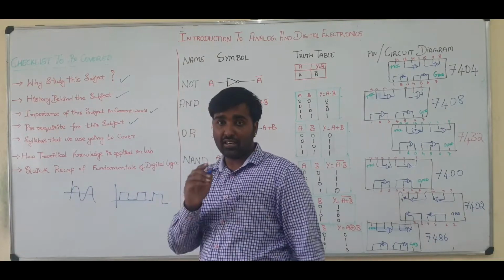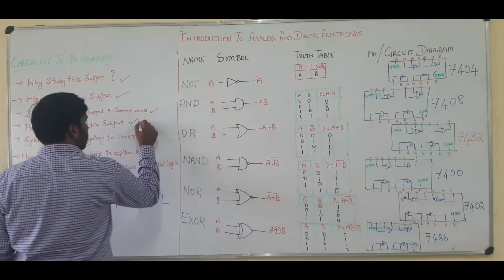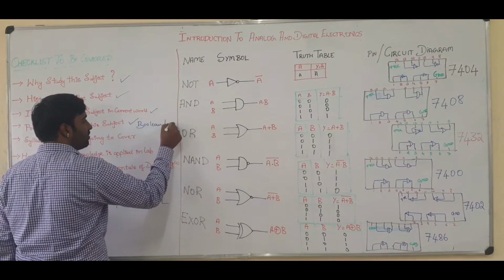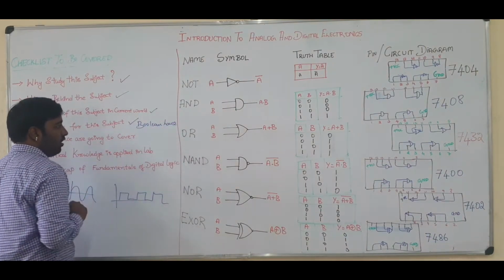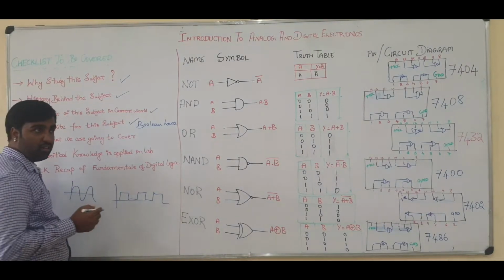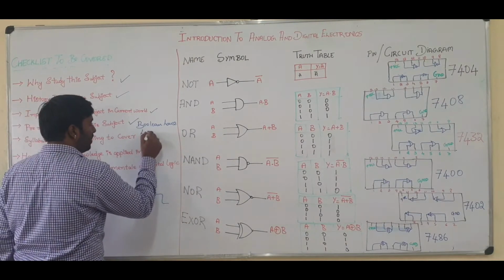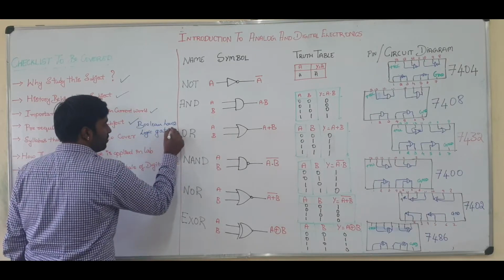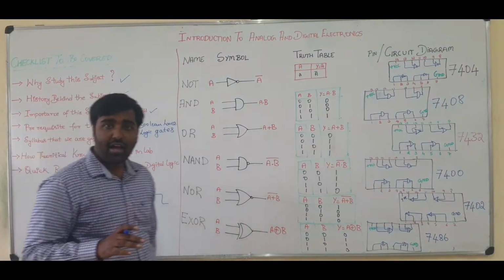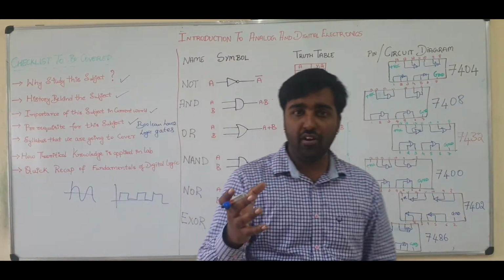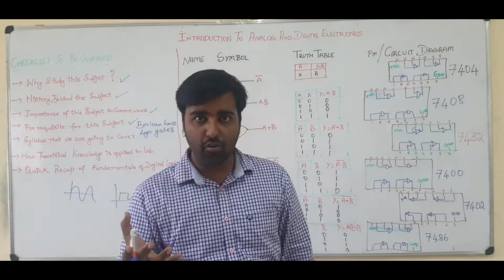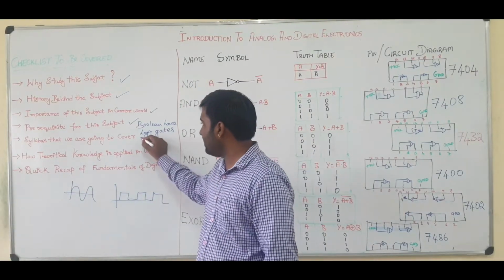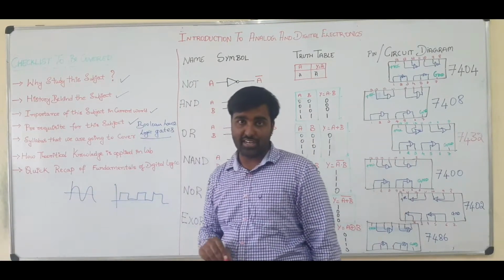Boolean laws, I'll write it here, you need to know. Apart from Boolean laws, you need to know the logic gates. In this video, I'll not be discussing Boolean laws. I'll be making a separate video exclusively for Boolean laws. But in this video, I'll be discussing the logic gates.